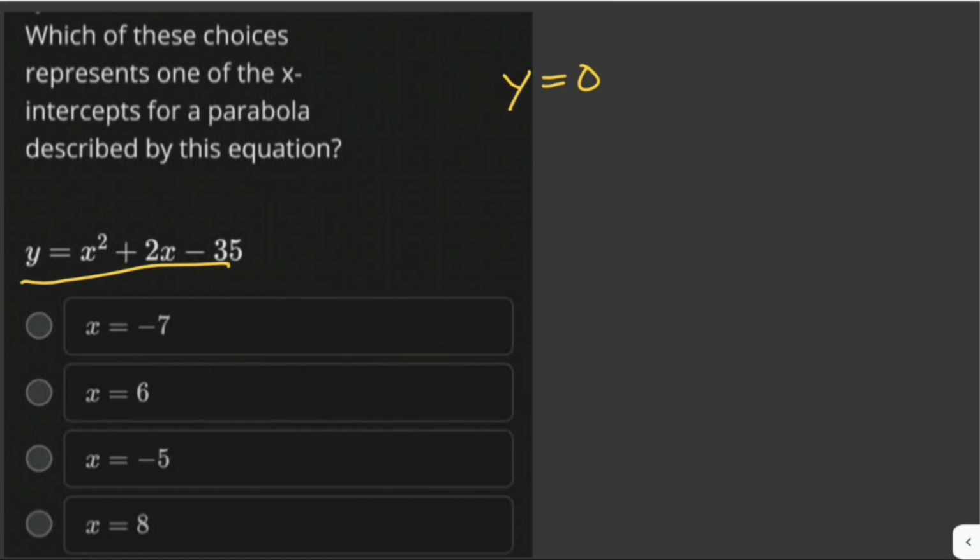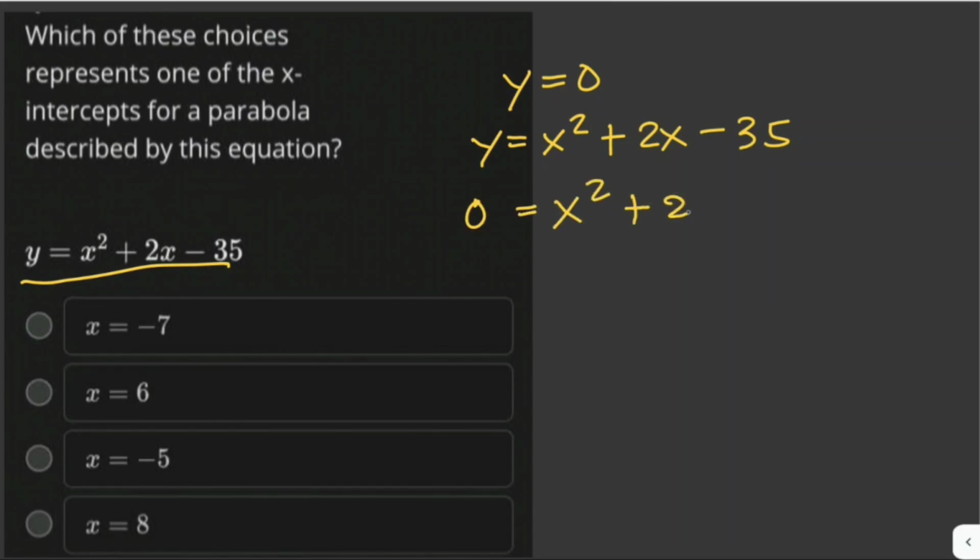So we can solve for x. So we can write y equals x squared plus 2x minus 35 as 0 equals x squared plus 2x minus 35. And now we can solve for the value of x by factoring this quadratic equation here.